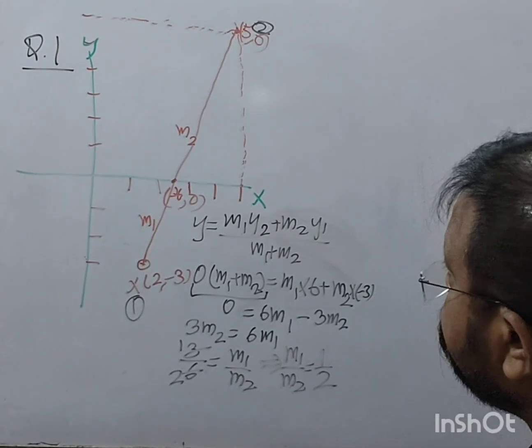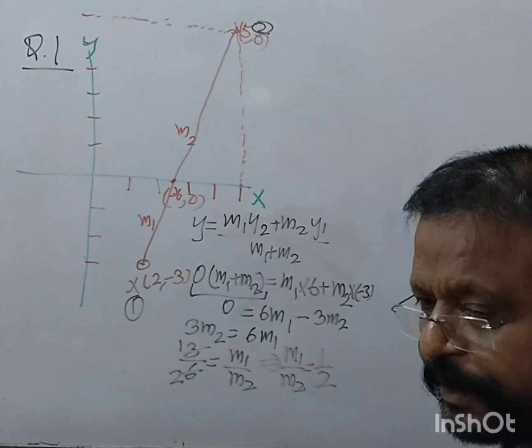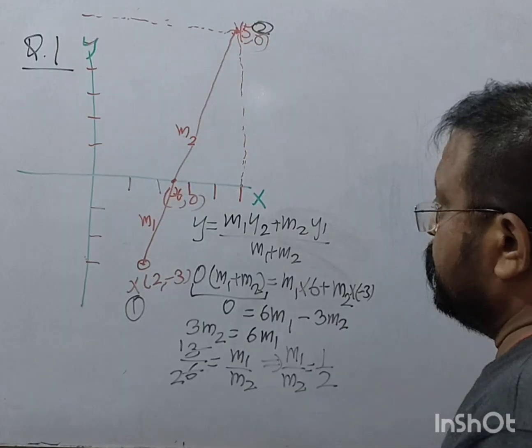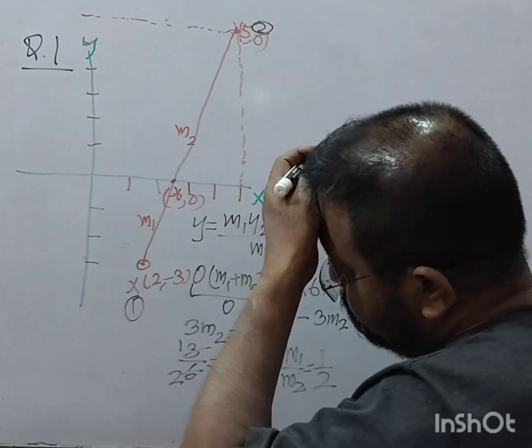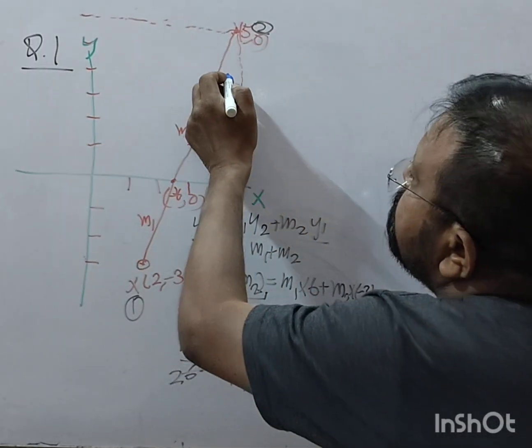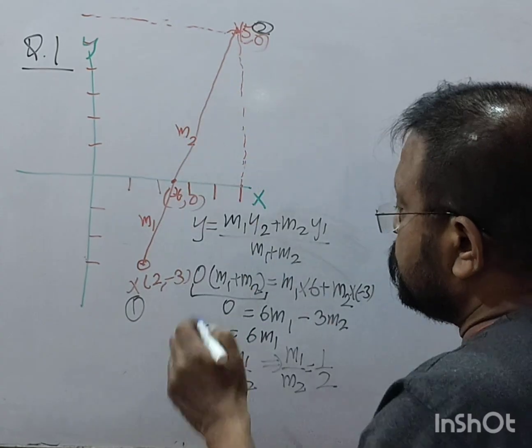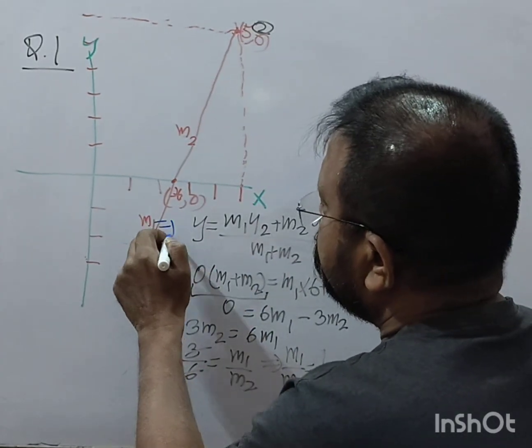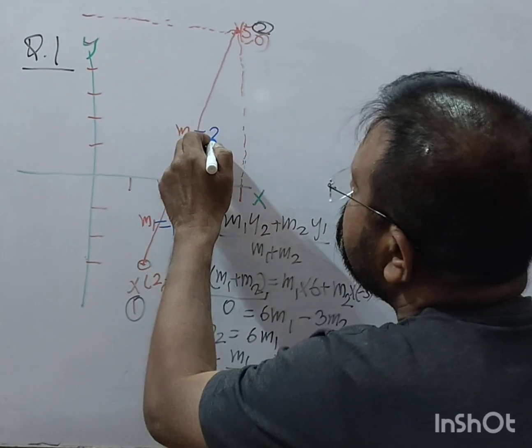Right? This is we are getting the value of the m1 to m2 ratio. And next is x. Now we have m1 is equal to 1 and m2 is equal to 2.